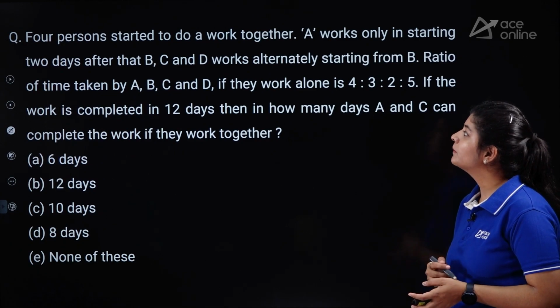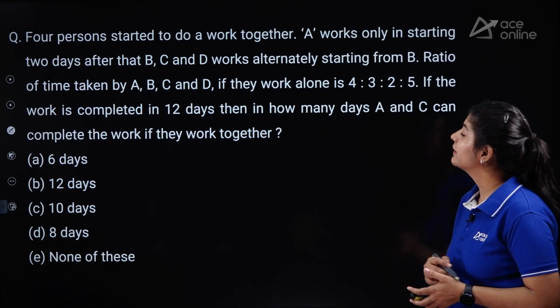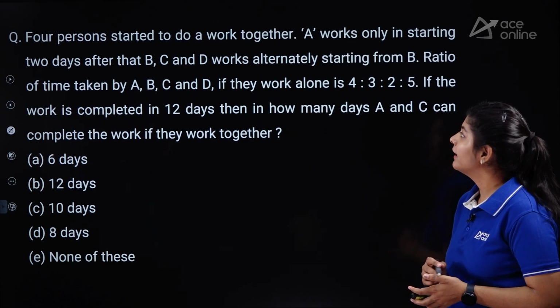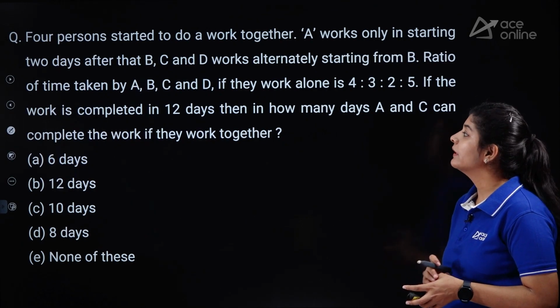Here we are having 4 persons. The work days are also given in the format of a ratio. And the total work is also given, like they completed the total work in 12 days.